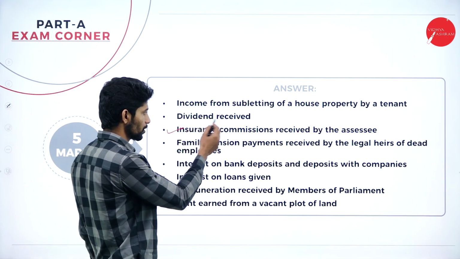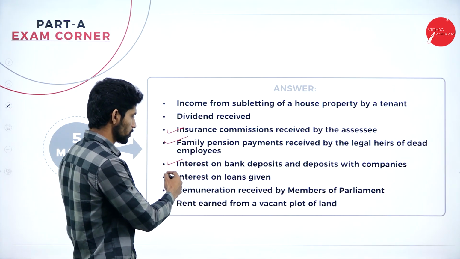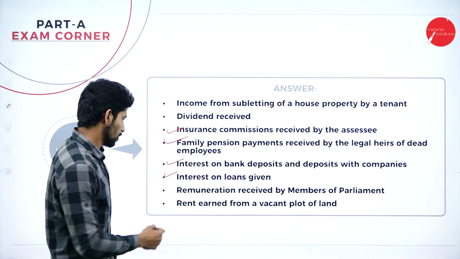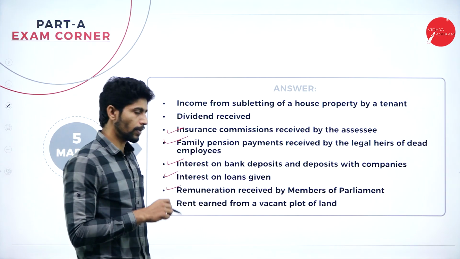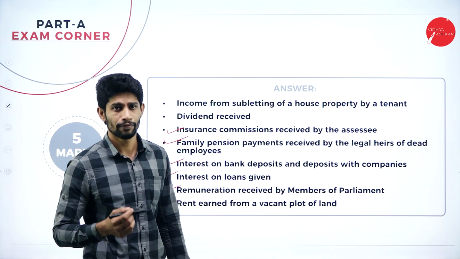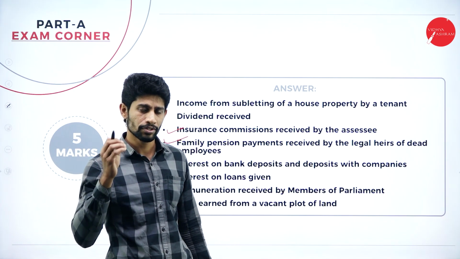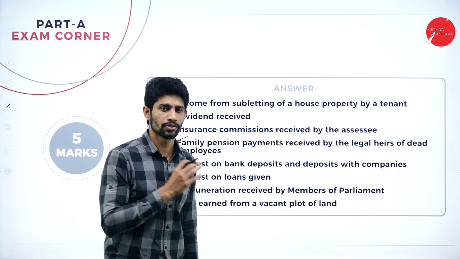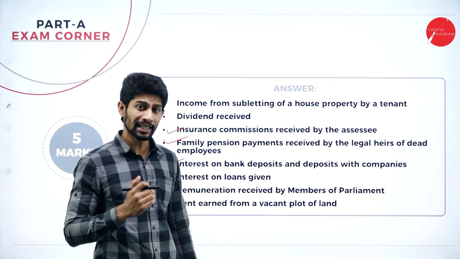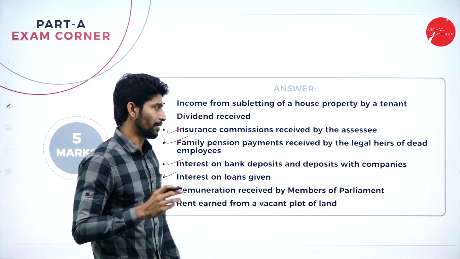And insurance commission received, family pension received, interest on bank deposit, interest on loan given. Next, remuneration received by a member of parliament, and rent earned from a vacant plot of land. These are all the incomes which come under income from other sources. If you mention 5 to 6 points relating to income from other sources, you can easily score 5 marks.